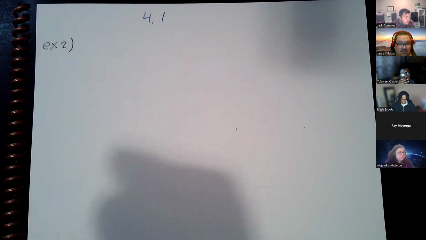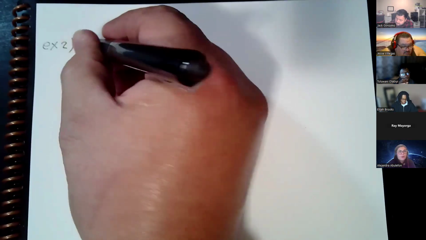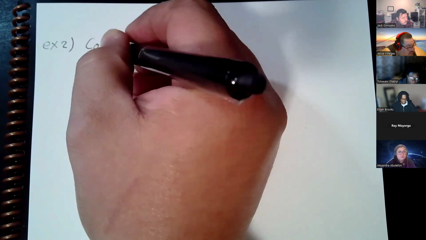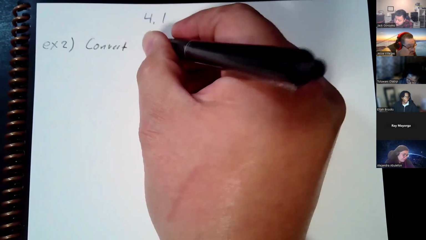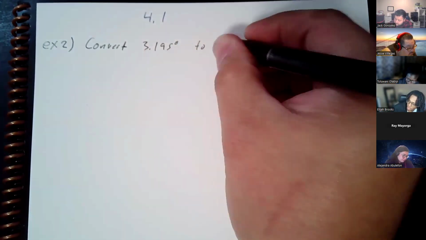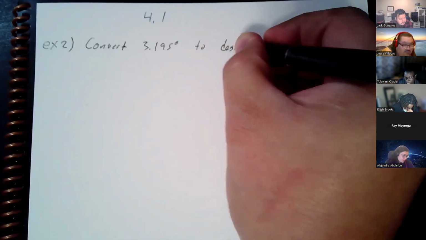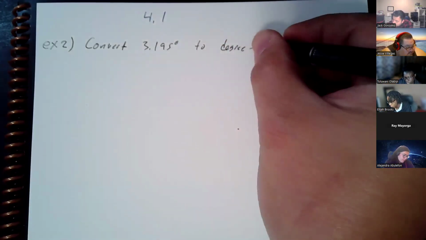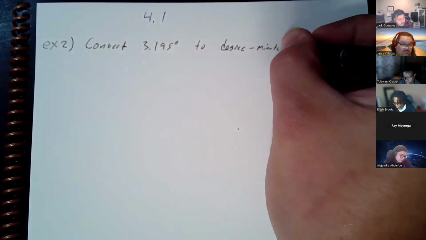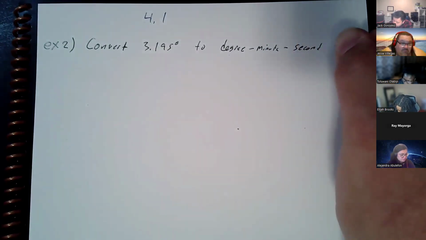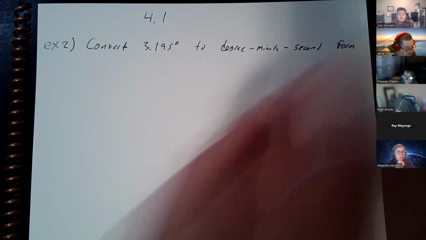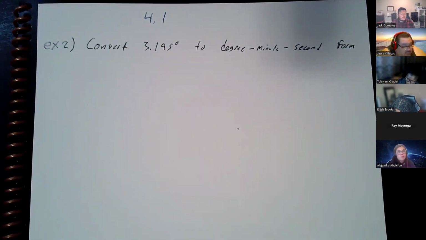Okay. This is going the opposite direction. This is number two in your homework. Convert 3.195 degrees to degrees, minutes, seconds form.